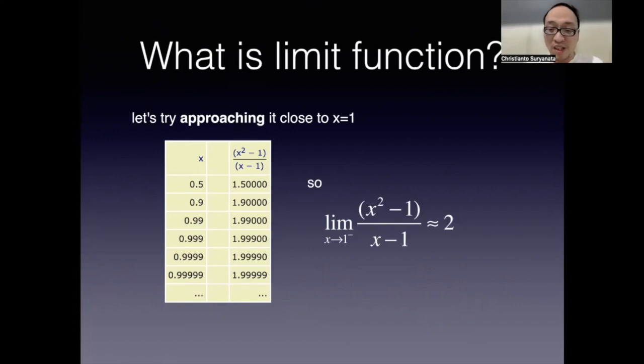That's the meaning of the negative sign as the superscript of the number 1 there. So the limit as x approaches 1 of x squared minus 1 over x minus 1 is approaching 2. The conclusion is that the function gets close to 2 if we approach x equals 1 from the left side, from a value smaller than 1 but very close to 1.